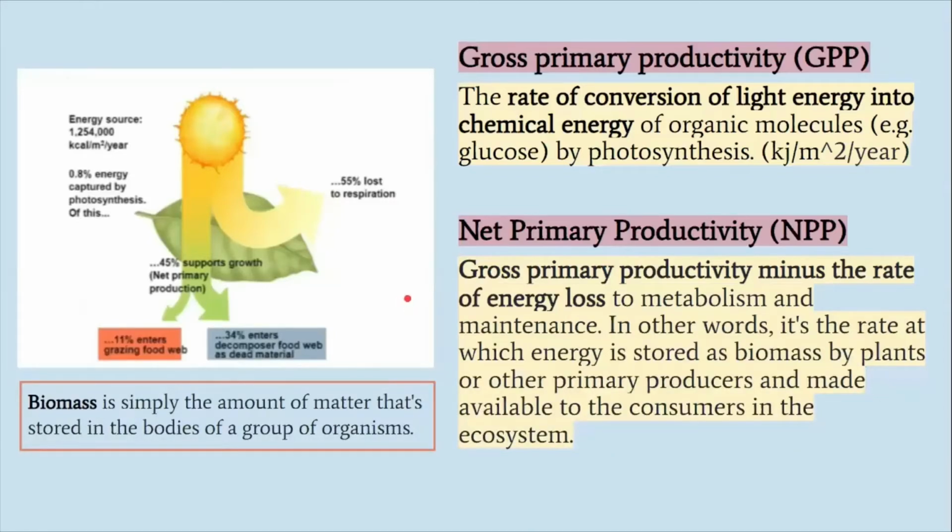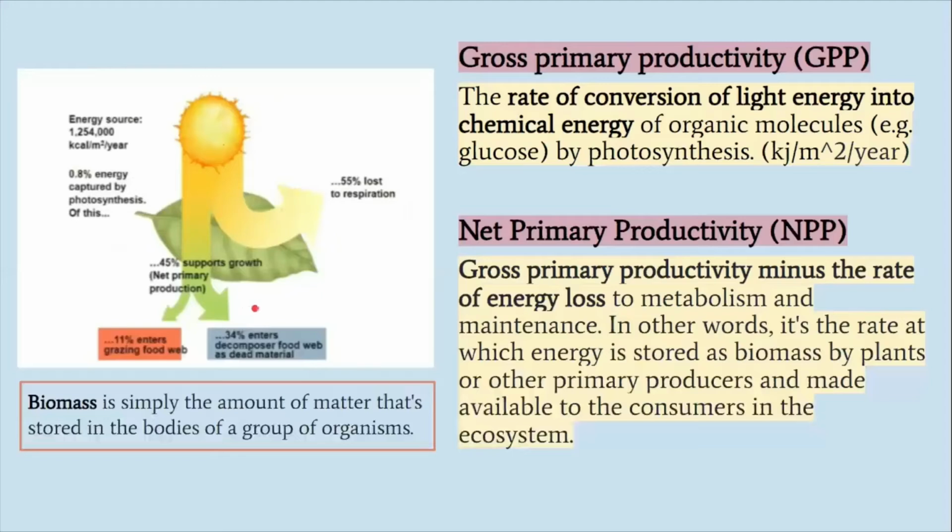Let's take a look at the picture here. We can see the energy that hits the plant, 0.8% energy captured by photosynthesis and converted to glucose. So 55% of the glucose might be used up in cellular respiration and lost as heat to the environment, and 45% of the glucose might be used to make other organic molecules, and it might end up as biomass within the actual plant material itself.